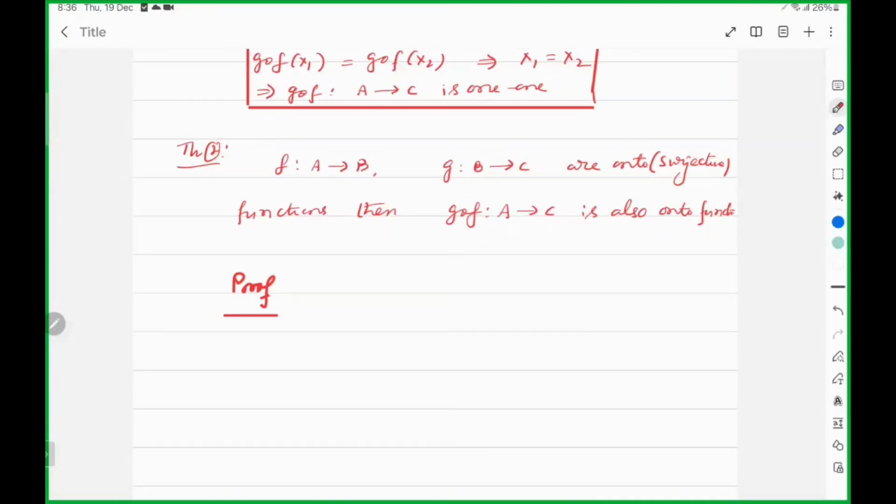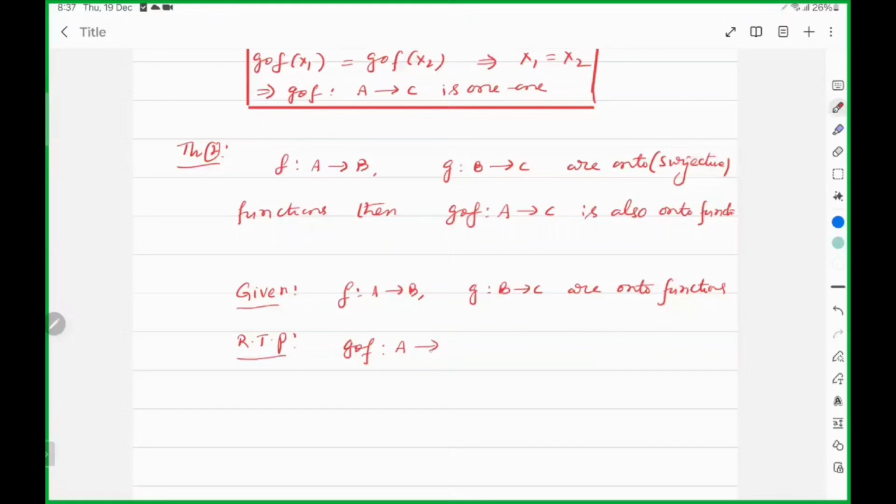But before proving, in the given you should write f maps from A to B and g maps from B to C are onto functions, and we must prove g circle f mapping from A to C is also onto.